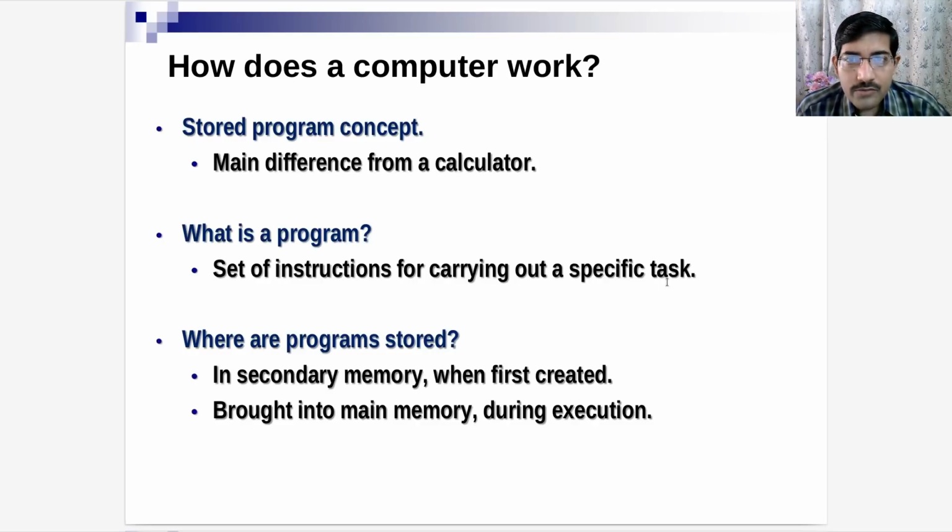Since we started off with this program concept, the next question that may arise in your mind is: when you run a software, when you run a program in general, what is it? Basically it consists of a set of instructions. We write something line by line. Each line generates a set of instructions. That means you do this, followed by this, followed by this.